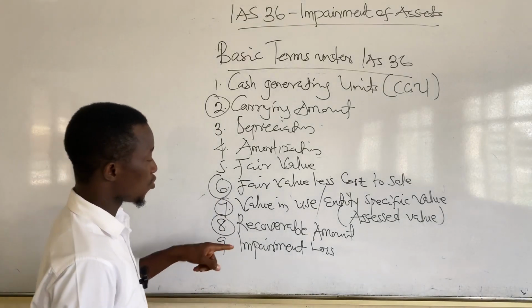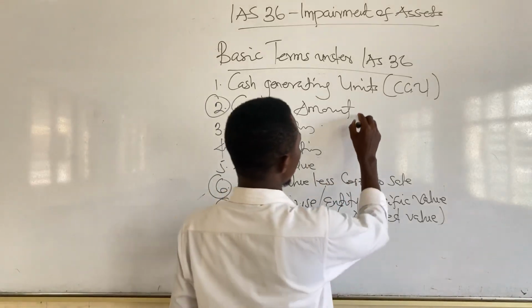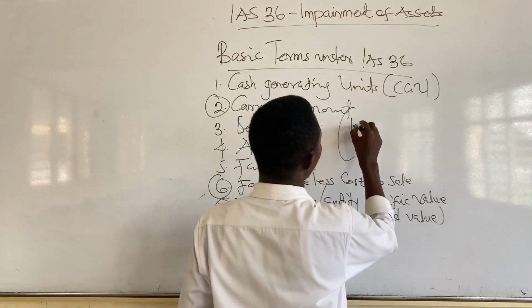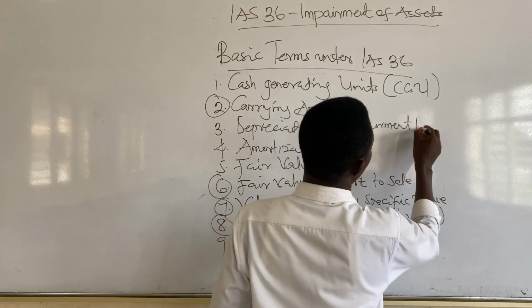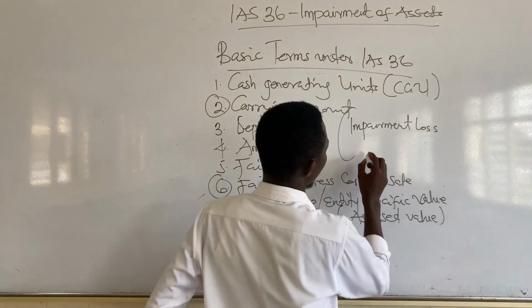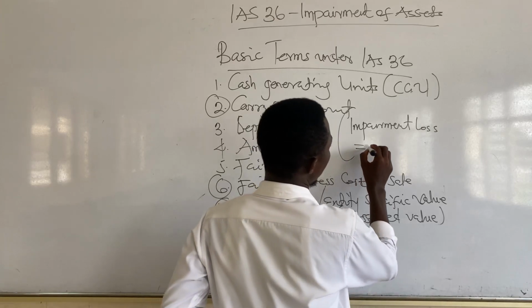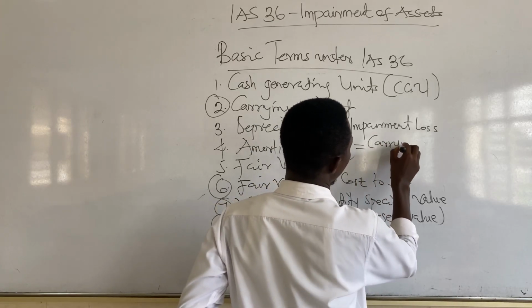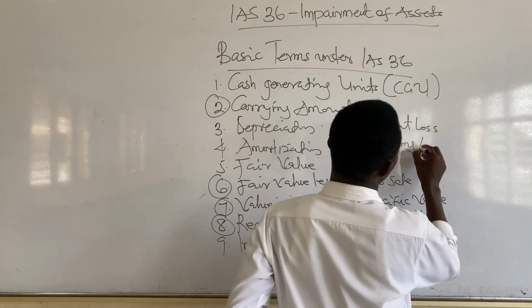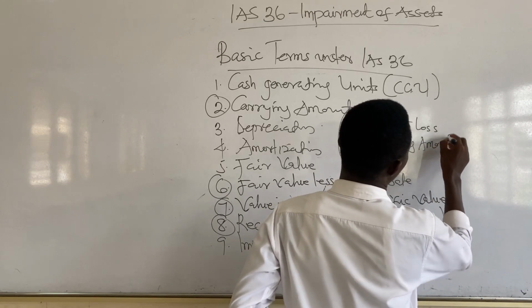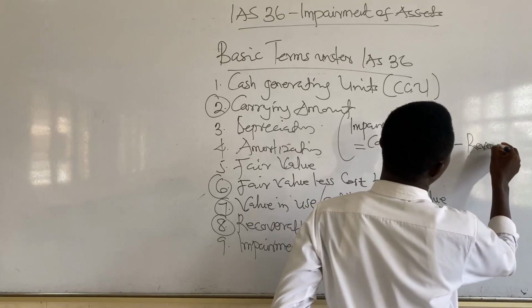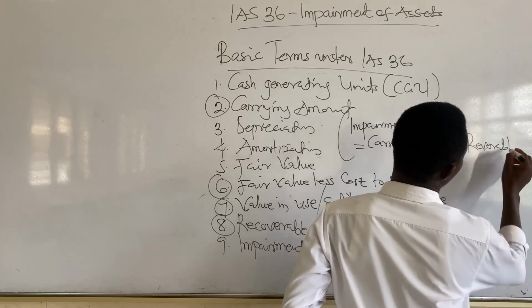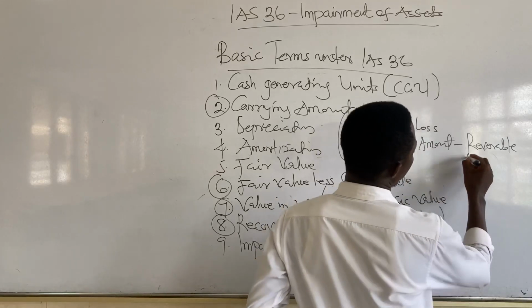Is that okay? So what we are saying is that impairment or impairment loss is given as carrying amount minus recoverable amount.